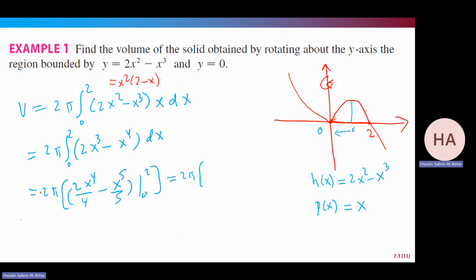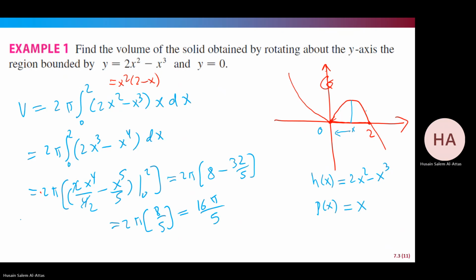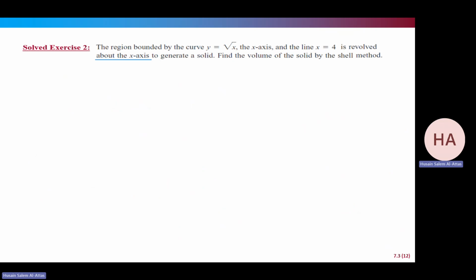That will be 2 pi times what? This is 2 to the power 4 is 16 over 2, that will be 8. This is 32 over 5. That gives me 2 pi times 40 minus 32 over 5, which is 8 over 5. That gives me 16 pi over 5.